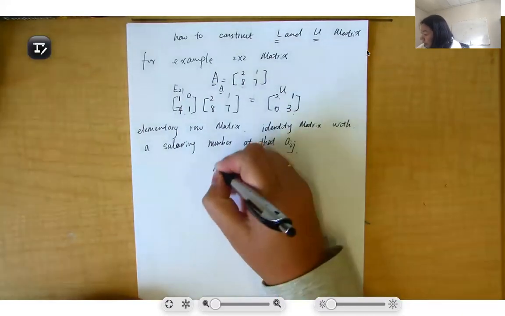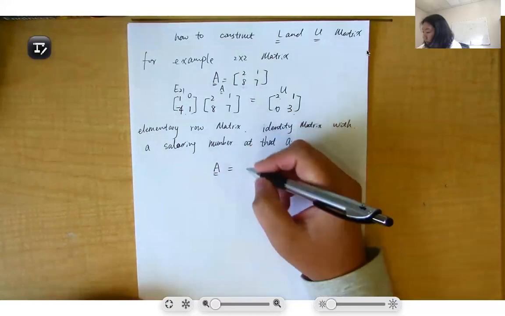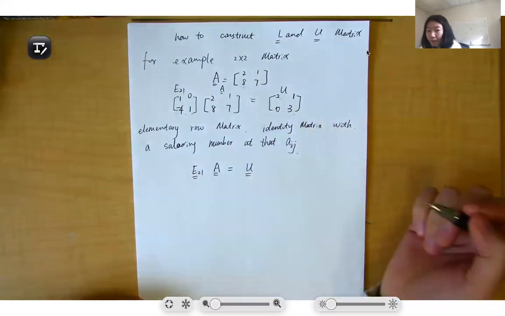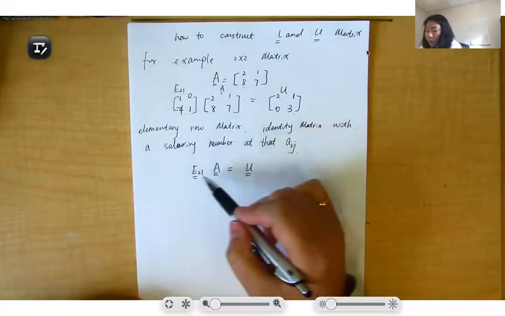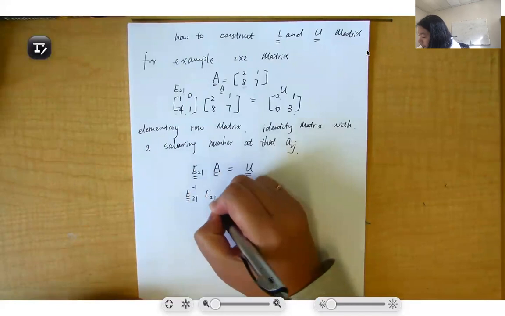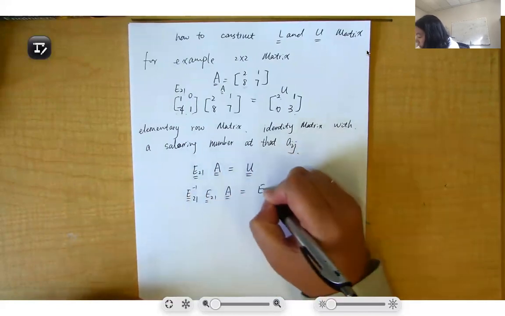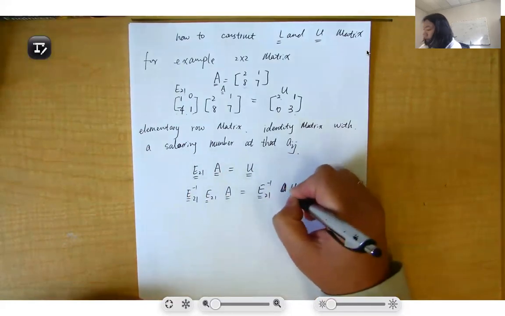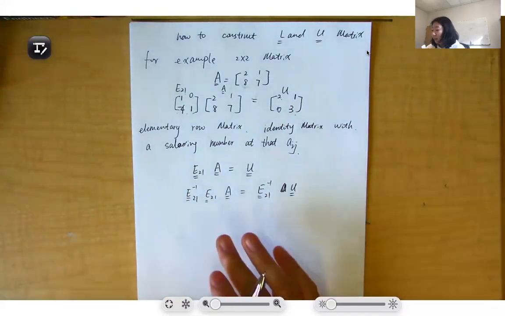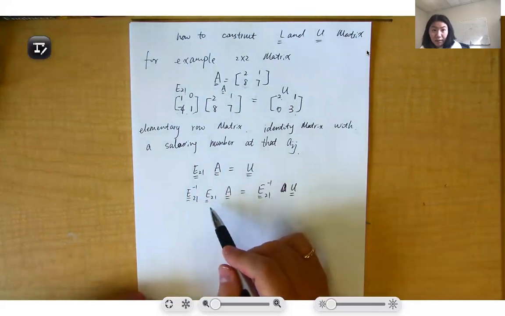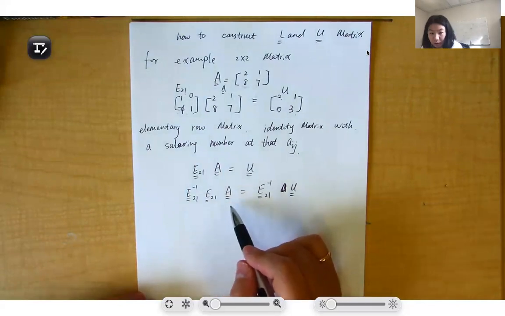And we also know that E21 times A becomes U. Then if we multiply by E21 inverse on both sides, E21 inverse times E21 times A equals E21 inverse times U. E21 inverse times E21 will be the identity matrix, and the identity matrix operating on any matrix gives that matrix itself.